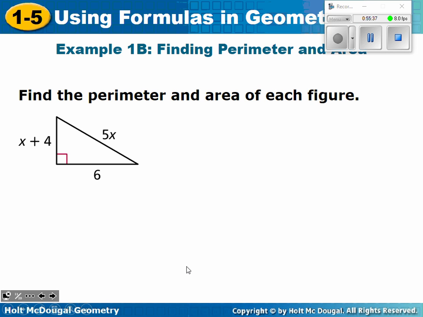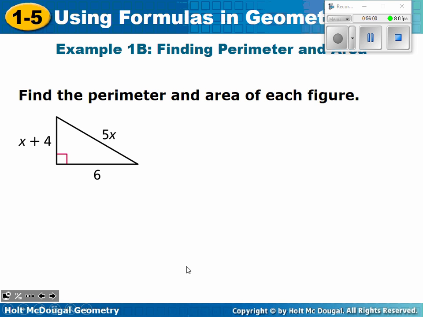All right, area. What's our formula for area of a triangle? 1/2 base times height. What's going to go in for our base in our picture? 6 is the easiest side to use because then what's the height? X plus 4. Remember, your base and your height have to form a right angle. So 6 and x plus 4 form a right angle.